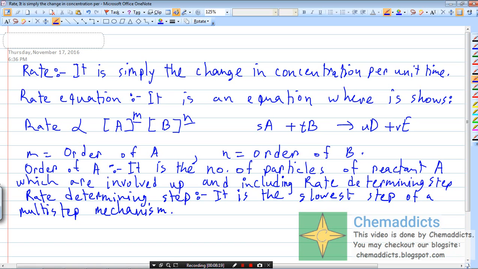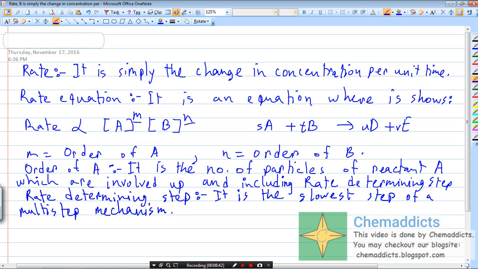Suppose this reaction might occur in a one step mechanism, or it may occur in a multi-step mechanism. There are so many ways, so many steps.